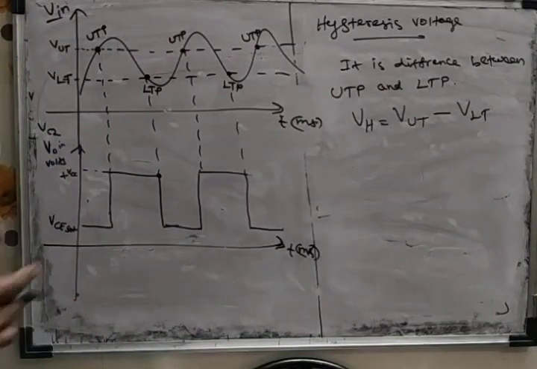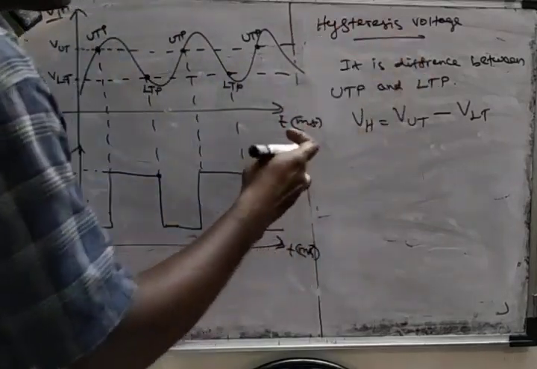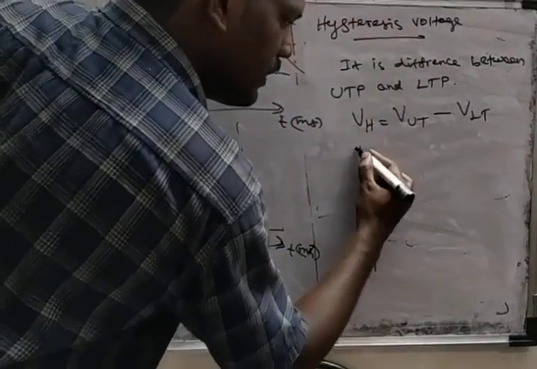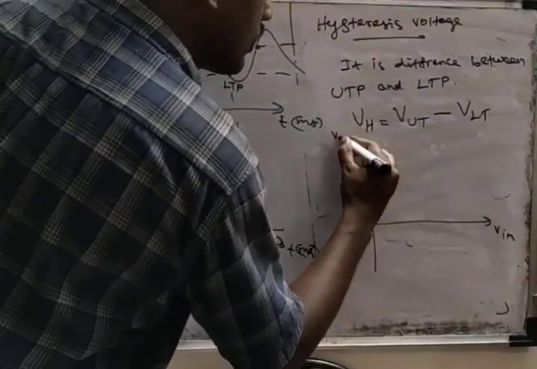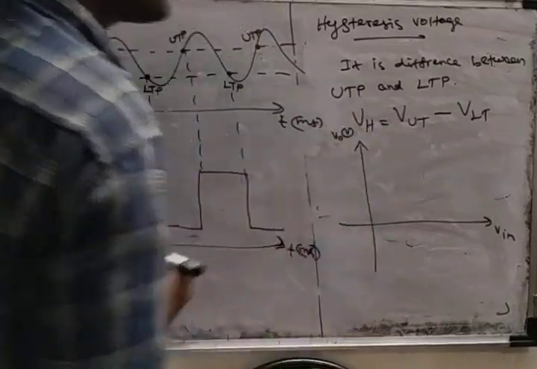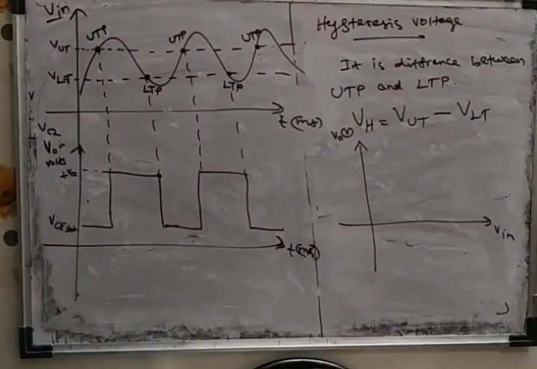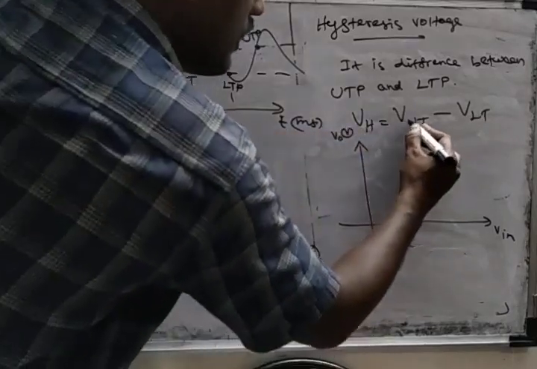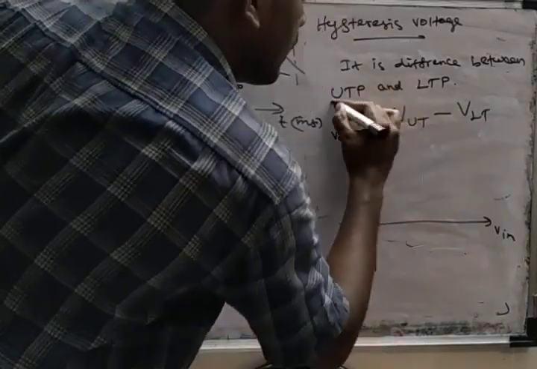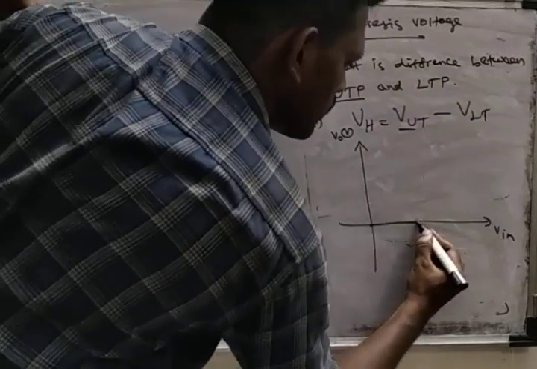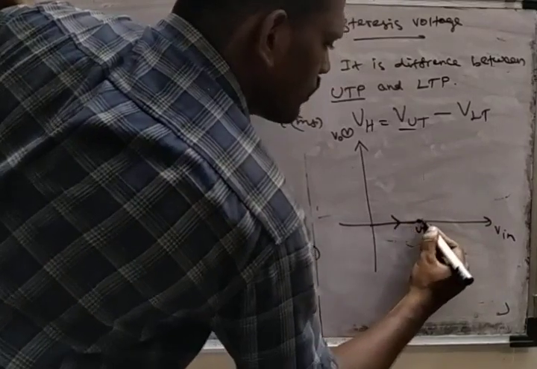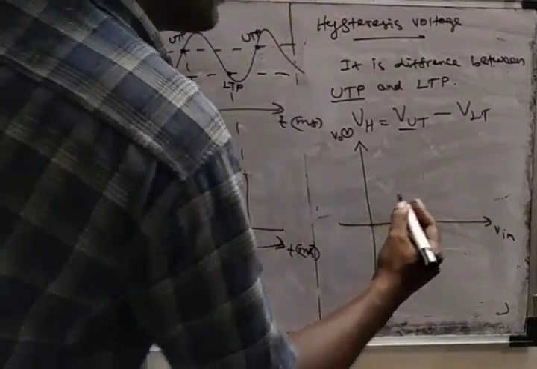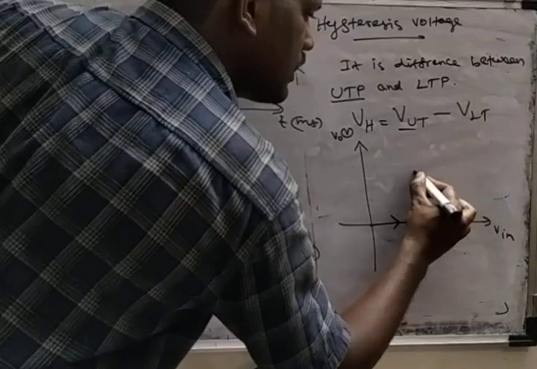So we can draw the hysteresis loop, which is a graph between input voltage and output voltage. When you reach the upper triggering point, the upper threshold voltage, you have a high output.